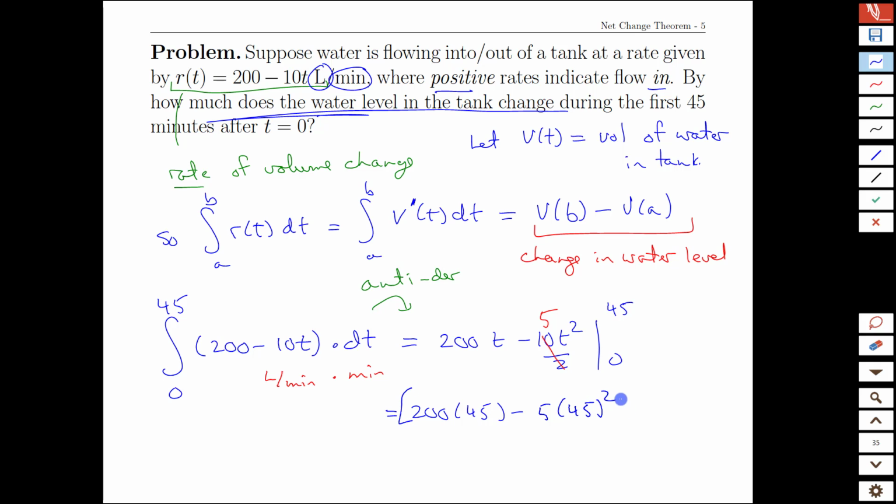That's the upper value, and the lower value, thankfully, is simple. It is just zero. If we get to our calculator and type all that through, we get quite a large number for the second term, so the entire sum actually ends up being negative, with units of liters. So the tank is going to lose 1,125 liters in those 45 minutes.